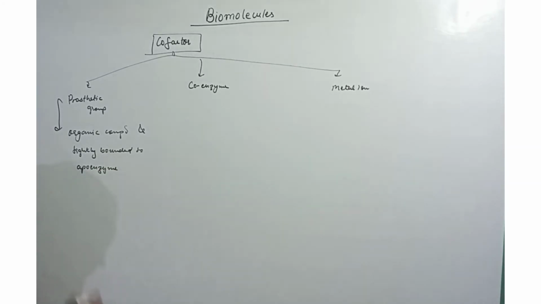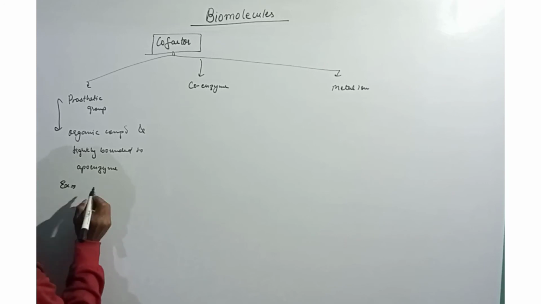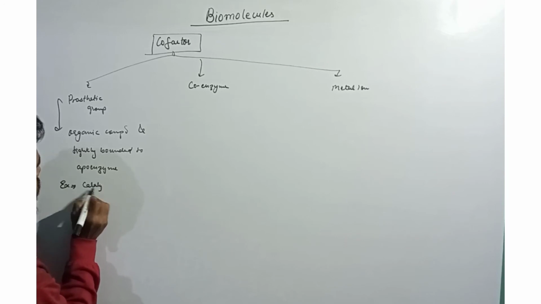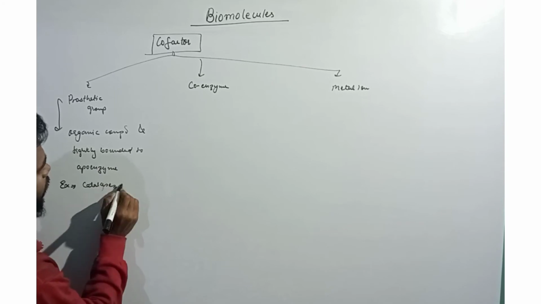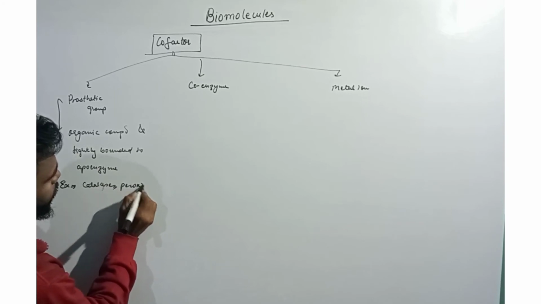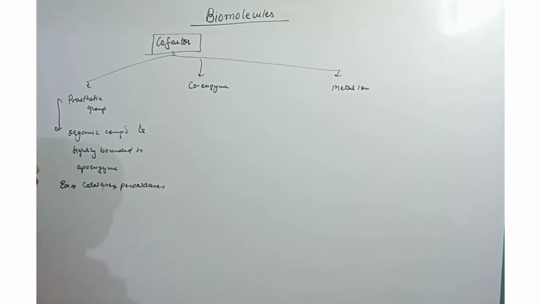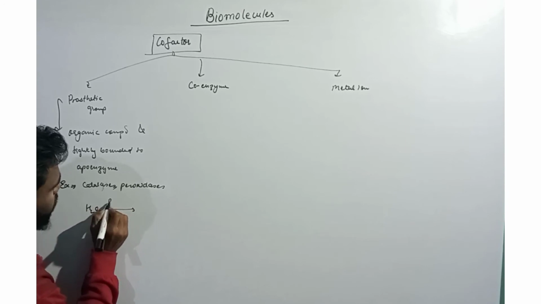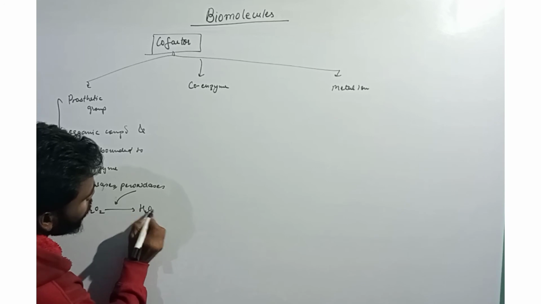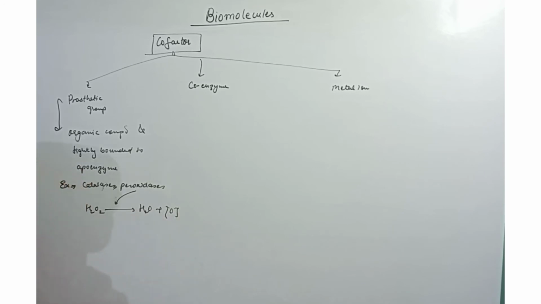For example, catalases and peroxidases. Peroxidase or catalase acts on H2O2, and it forms water molecules plus nascent oxygen.